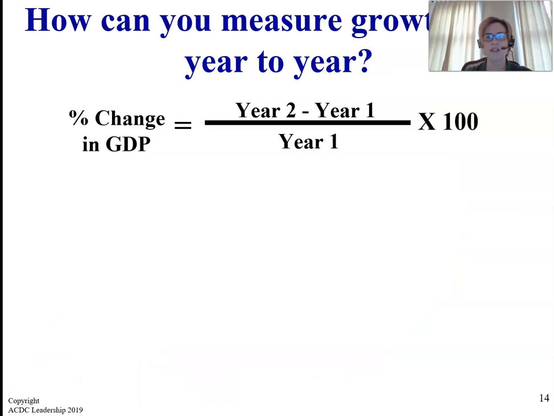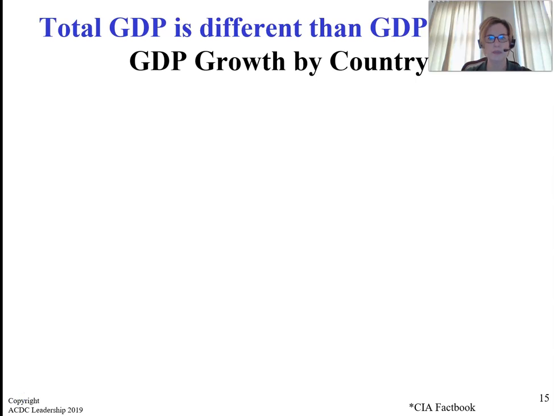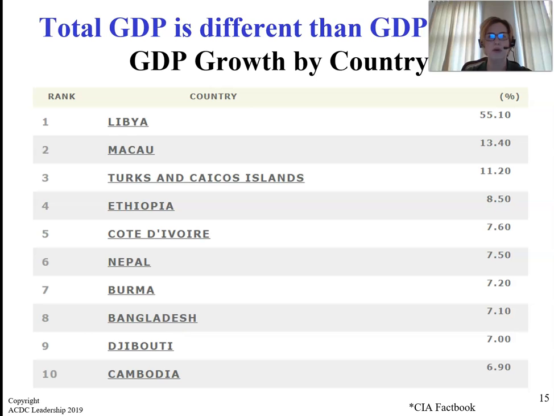How can we measure GDP growth from year to year? We look at GDP in the most recent year minus the previous year divided by the previous year times 100 to get the percent change in GDP. Total GDP is different than GDP growth. GDP growth by country can be very different than total GDP.